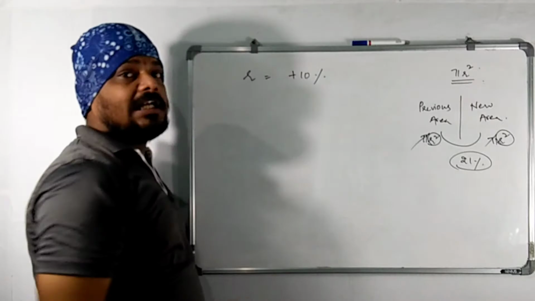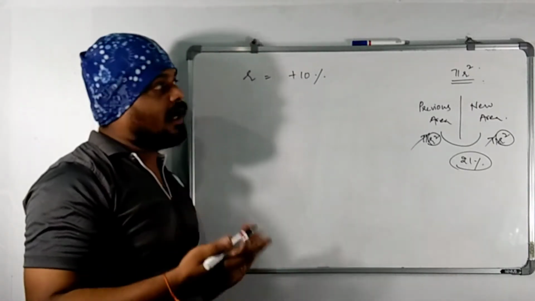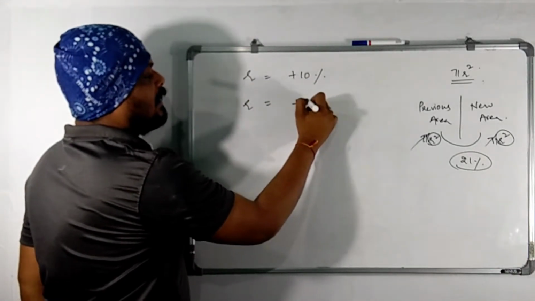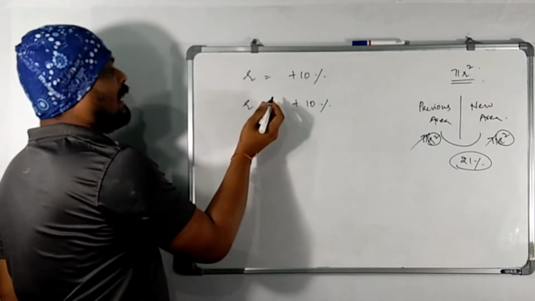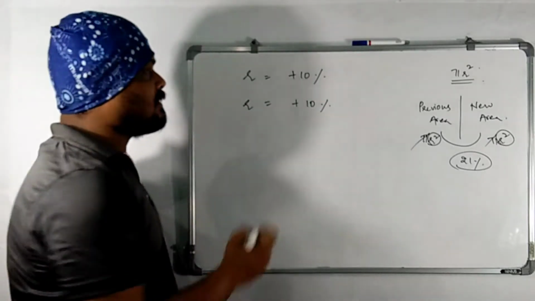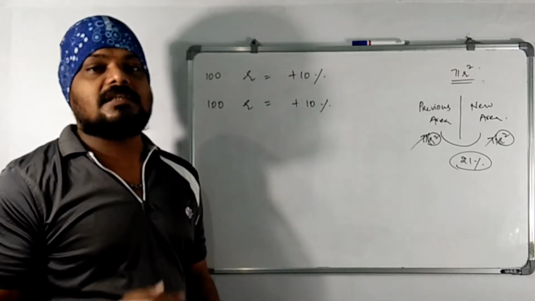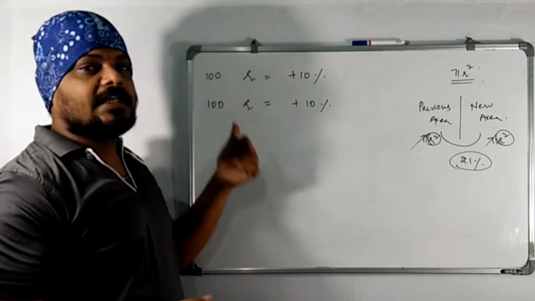And for calculating area of a circle, you will need r square. That means another radius will also increase by 10%. If we assume the previous radius as 100, that means both radii are 100.